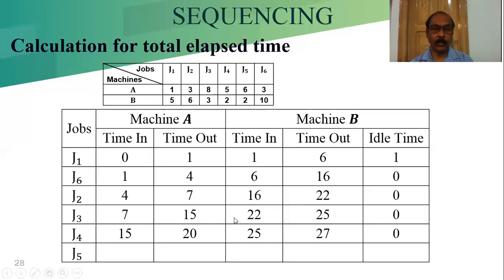That's why there is no idle time. So now job 5 will start in machine A in the 20th hour, and the time duration is 6.